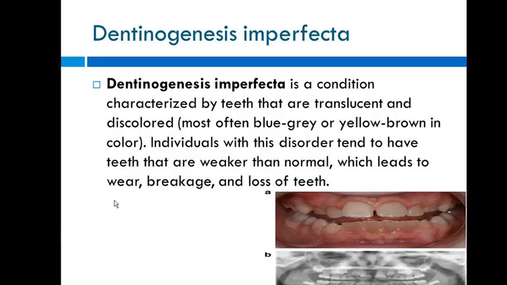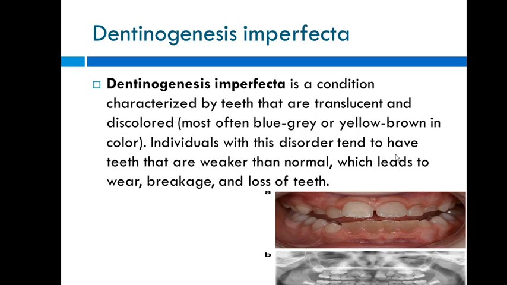Dentinogenesis imperfecta is a condition characterized by teeth that are translucent and discolored, changed in color. Can you see they are translucent and discolored? They're a little bit darker, bluish gray or yellowish brown in color.